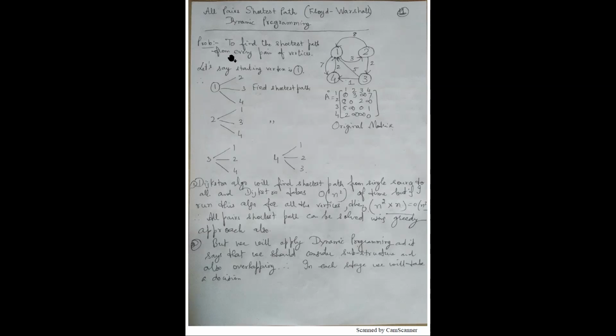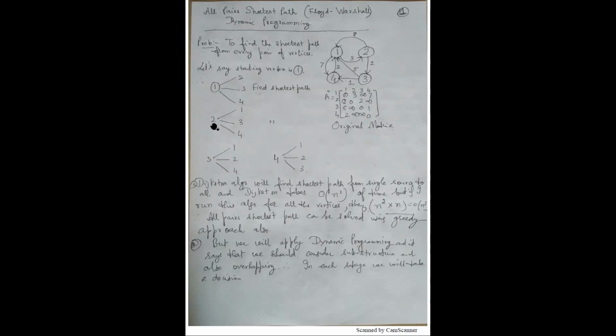Now, let's understand the problem. What is the meaning of all pairs shortest path? The problem at hand is to find the shortest path from every pair of vertices. That means, let's say we start from 1. What is the shortest path from 1 to 2, from 1 to 3, 1 to 4?